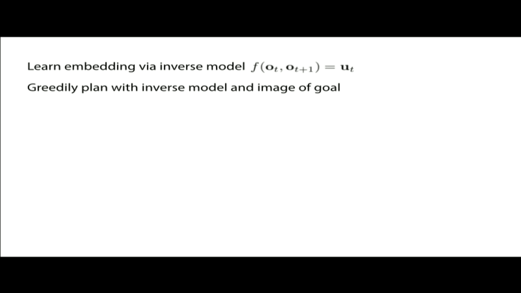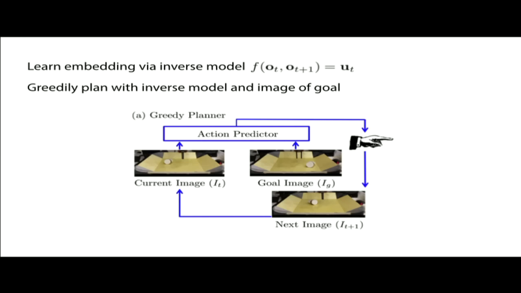Once they had this inverse model, they greedily planned with the inverse model and an image of the goal. They took the current image and the goal image. It's possible that there isn't a single poke that can get you from the current image to the goal image, but what they did is pass the images through the action predictor, which predicts the poke that can get from the current image to the goal image.